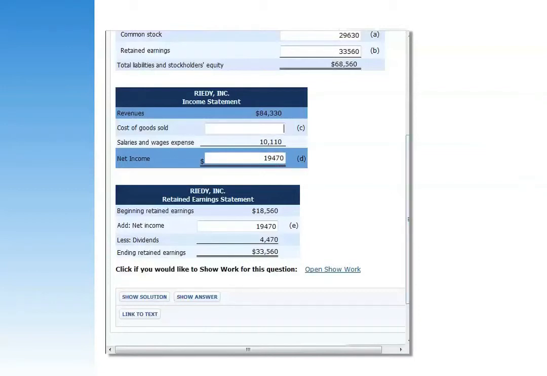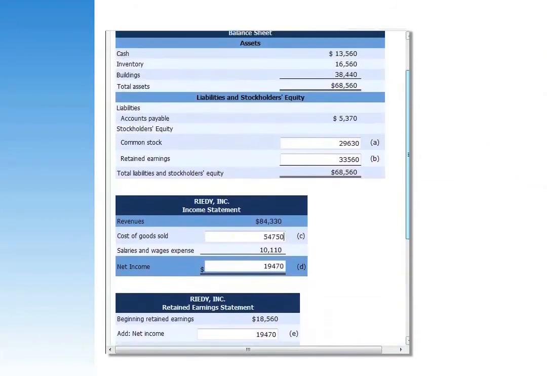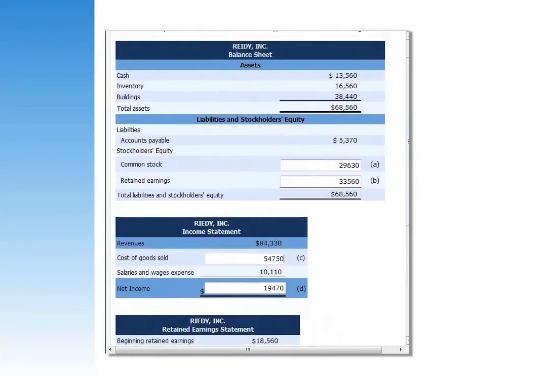And that amount would be $54,750. So once we have entered that amount for cost of goods sold, we have completed the financial statements for Ready Inc.